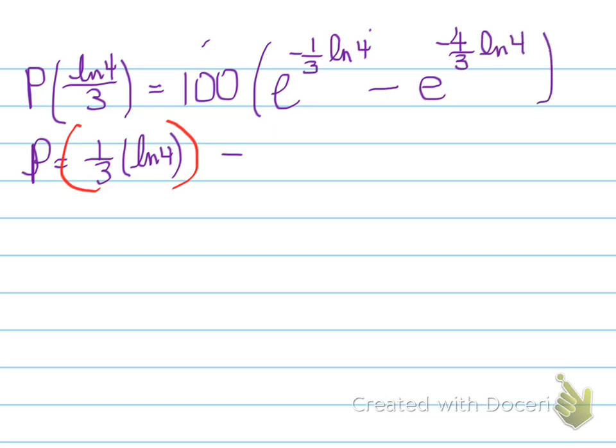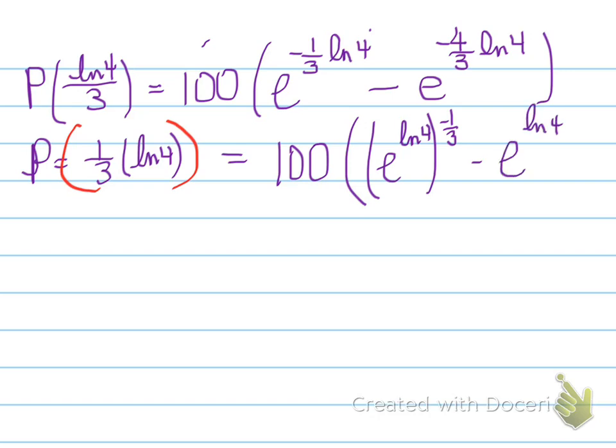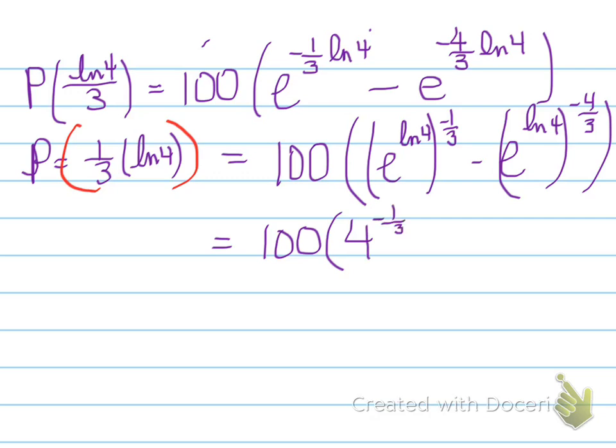And what we're going to do is pull out the value, so p at 1/3 of ln 4 is equal to 100 times e to the ln 4 of negative 1/3 minus e to the ln 4 of negative 4/3, and then that will result in a value of 100 times 4 to the negative 1/3 minus 4 times 4 to the power of negative 4/3.